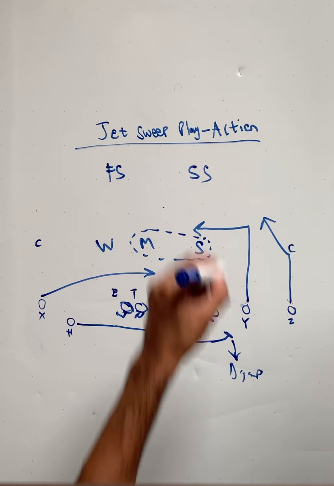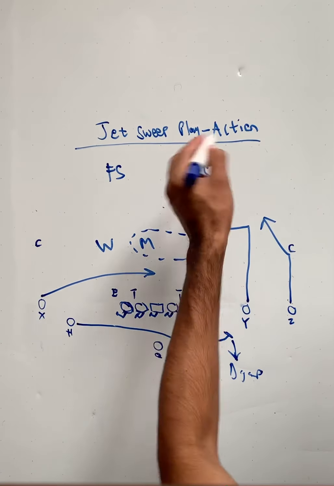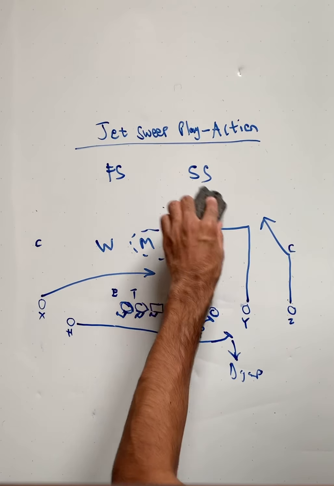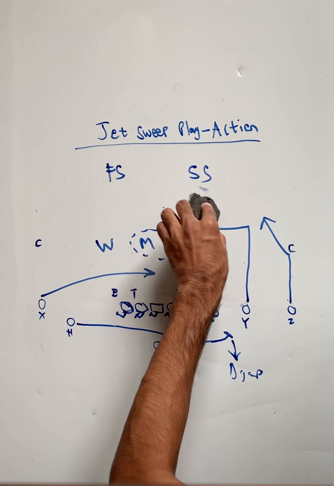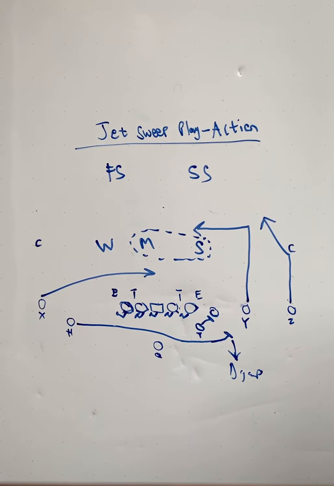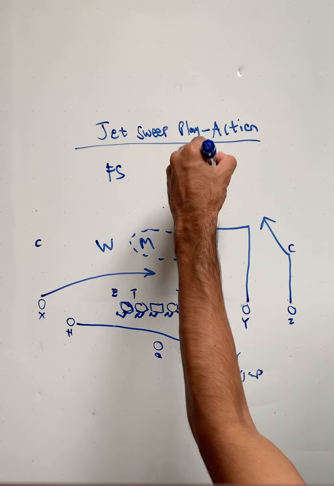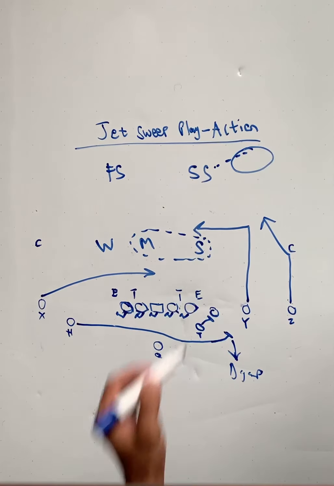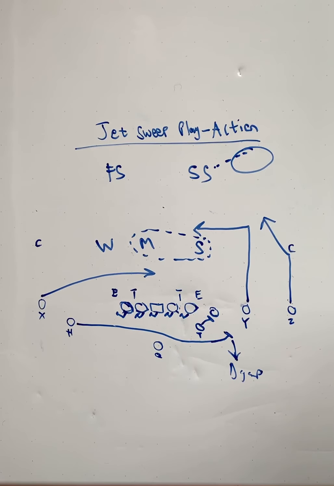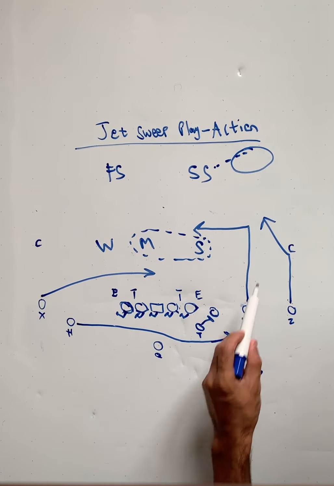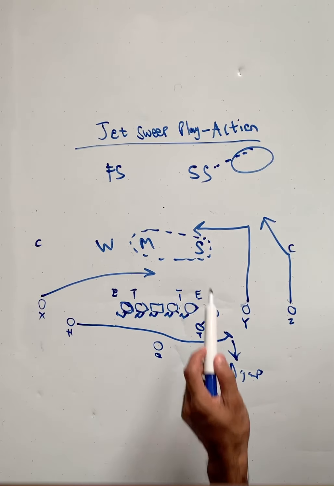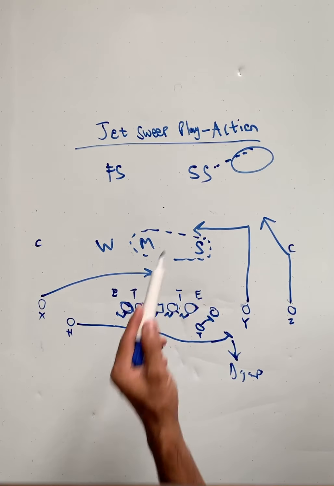If the strong safety bites, you got the post in behind, right? That stuff is obvious. That stuff is going to stay the same. But what's really interesting is if we go back to that idea of the free safety floating, you have the Y coming across on a dig that's going to create communication problems anyway for the linebackers.